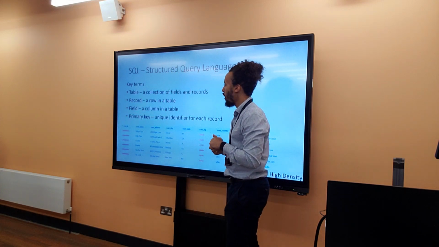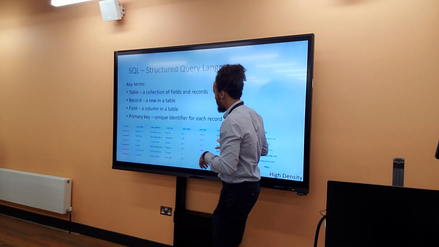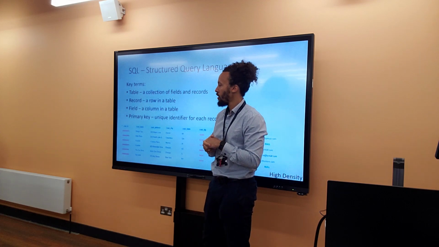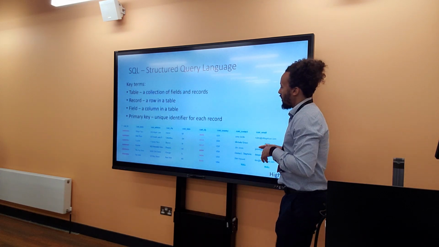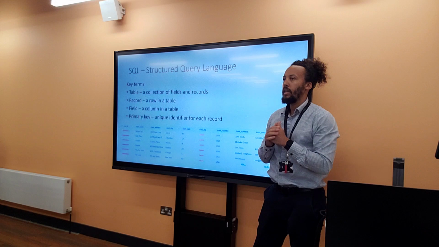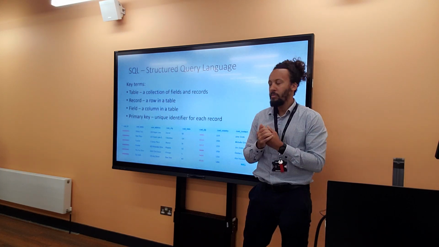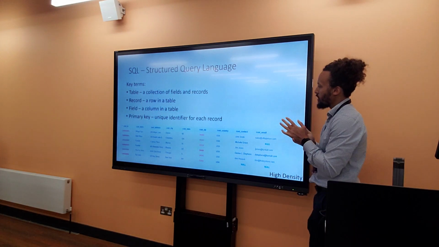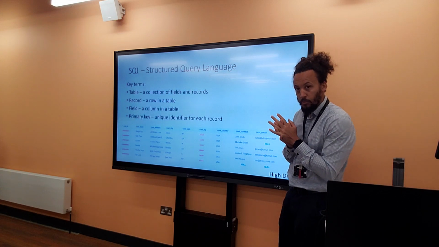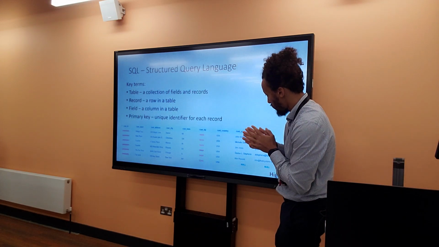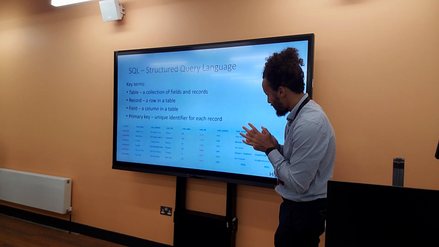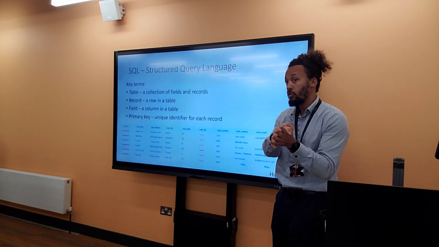A record is just a row in a table. So this thing at the bottom here is a table. Each record is a row. Dennis, can you give me an example of a record, please? We have a record for customer named Kids Place. That is not a record, I'm afraid.